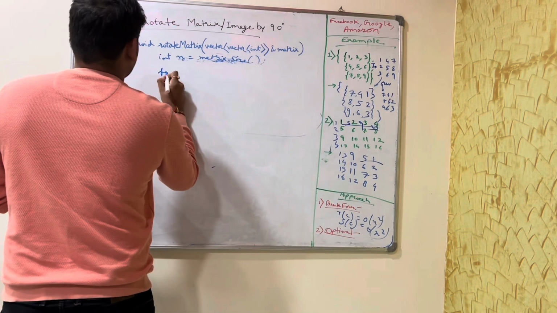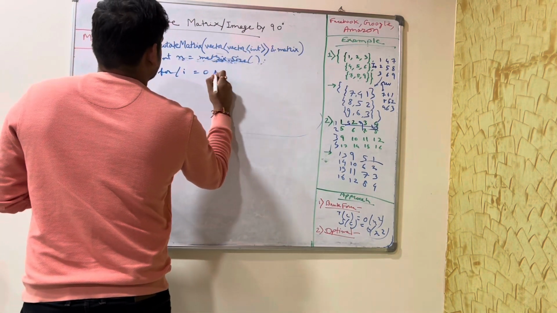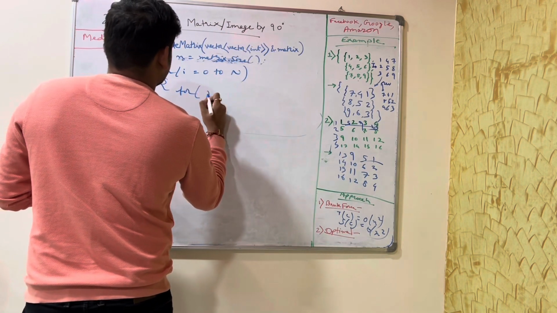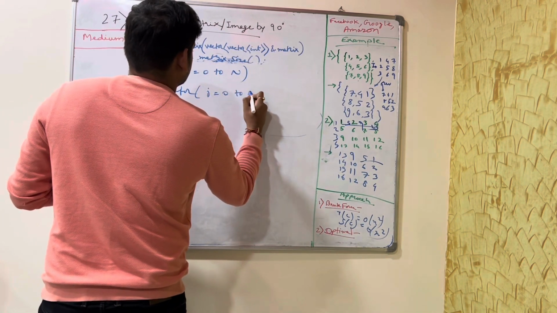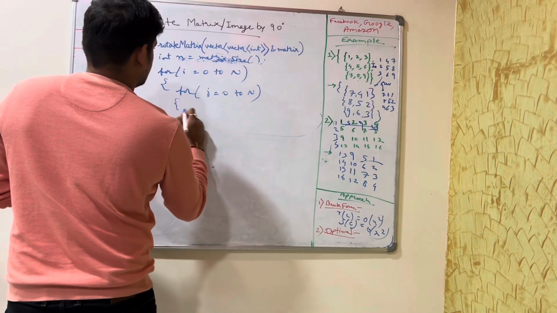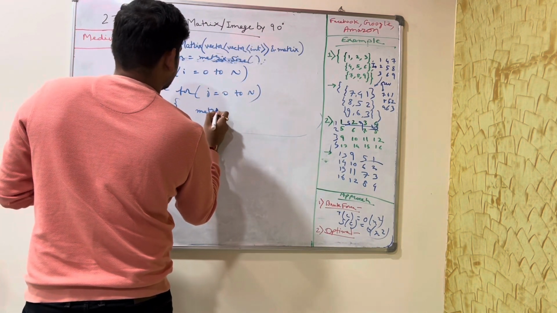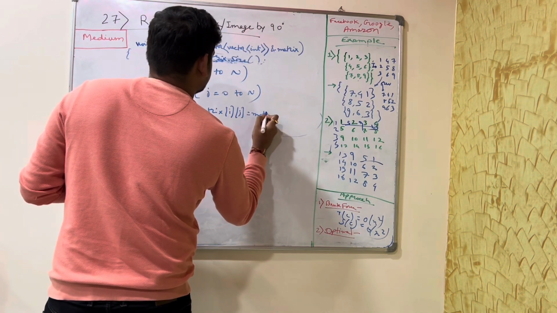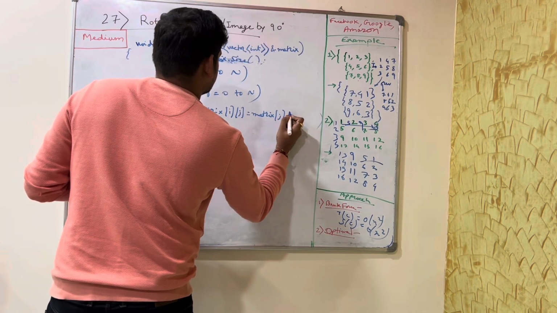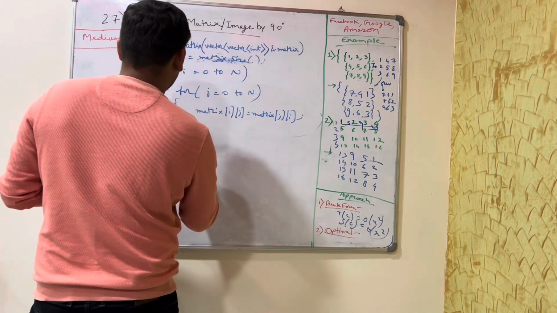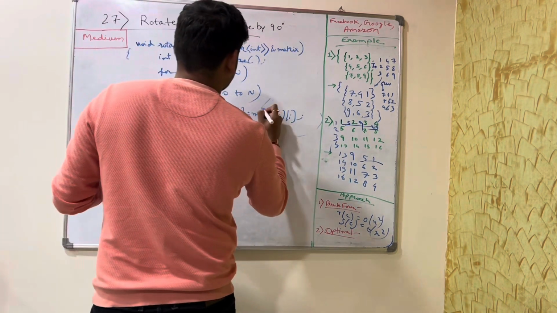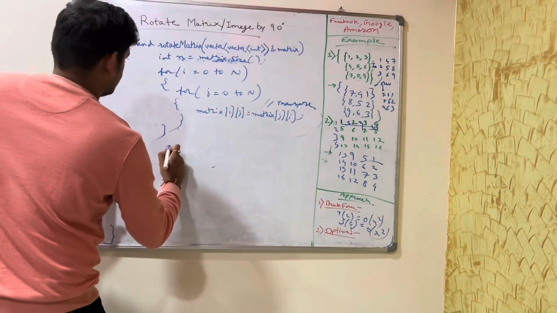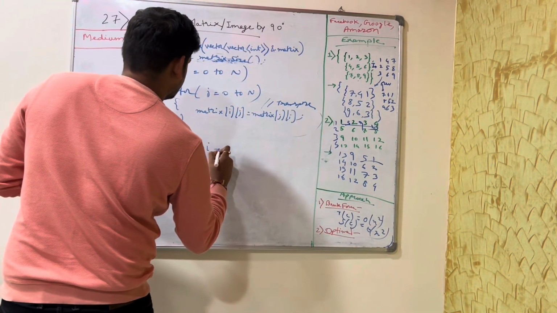We are going to traverse this matrix 0 to n, and again traverse 0 to n, and we will make matrix[i][j] equal to matrix[j][i], and this is the transpose. Then what we need to do? We need to reverse the rows.